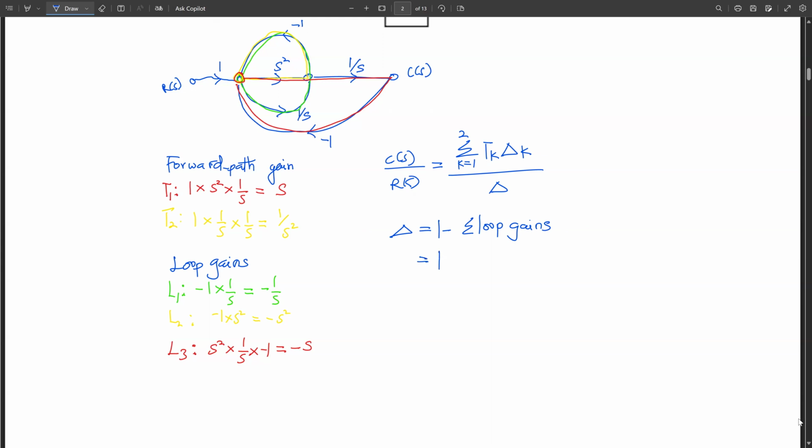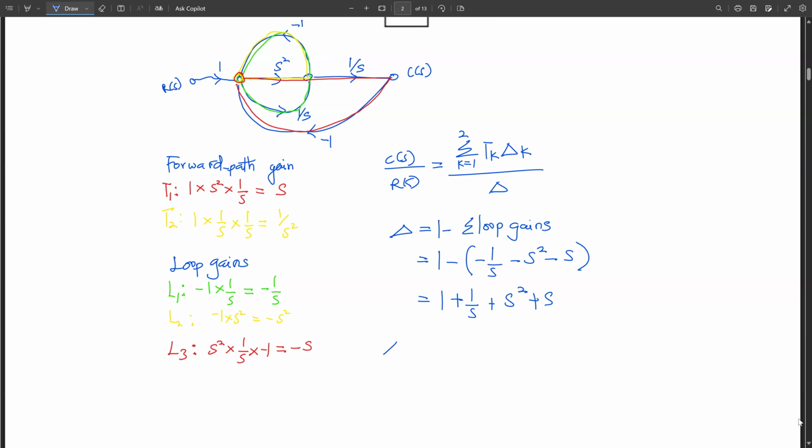I have 1 minus (1 over S minus S squared minus S), and I can simplify it to 1 plus S squared plus S, right? Okay, now the next thing to find is our delta sub k.